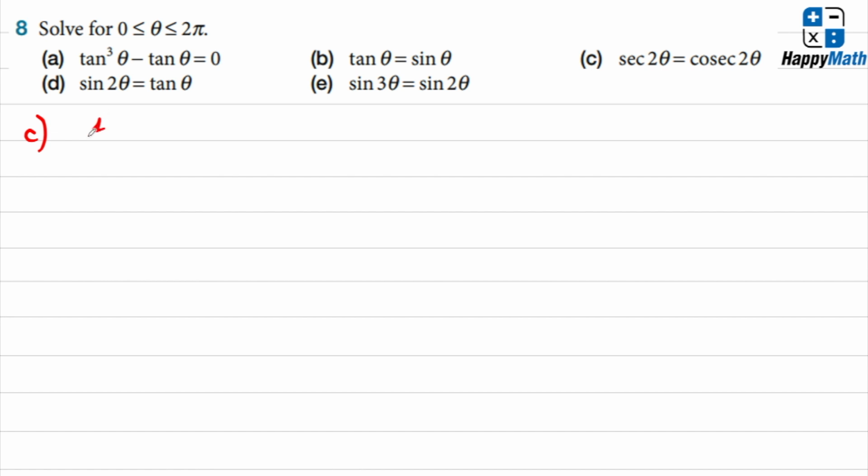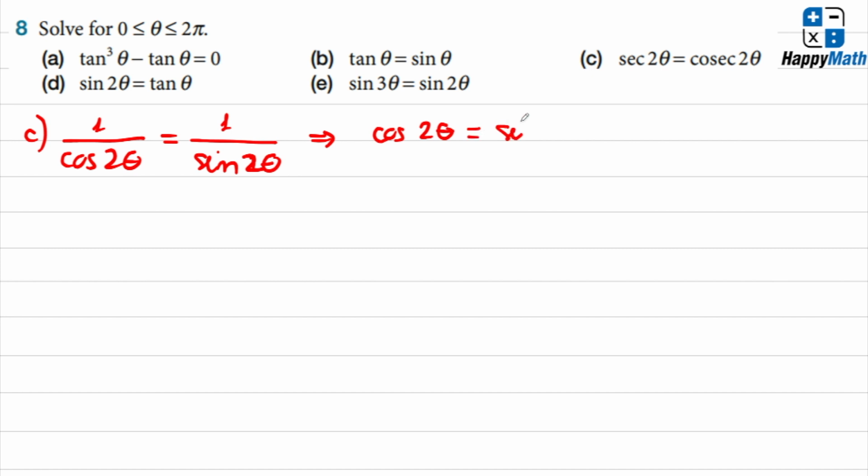So I will convert sec to 1 over cos of 2 theta, and the other side will be 1 over sine of 2 theta, like this one. This means you take the reciprocal of both sides of these equivalent fractions. Cos 2 theta equal to sine of 2 theta, like this one.